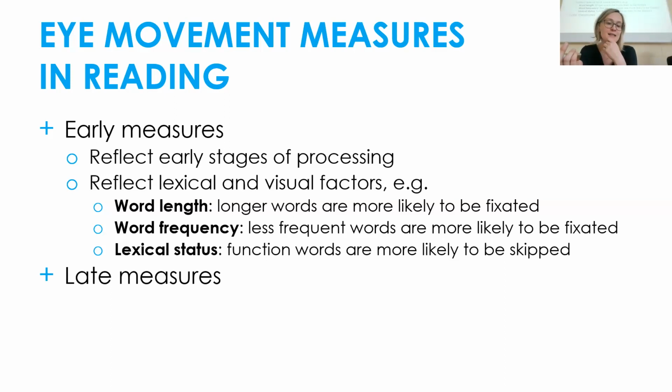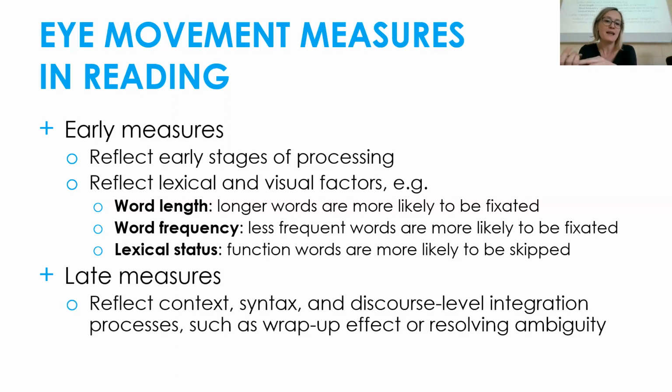And late measures happen, we usually take these measures not at the beginning, we sort of take the entire duration of the event that we are measuring there. So while the early measures sort of reflect the early processing and recognition processes, the late measures reflect how we're processing the syntactic structures or discourse level stuff.